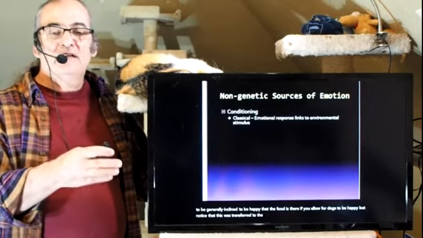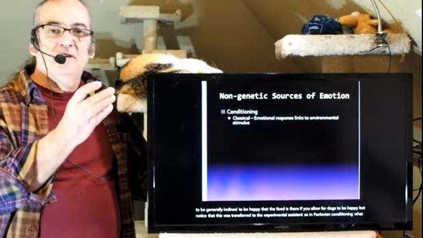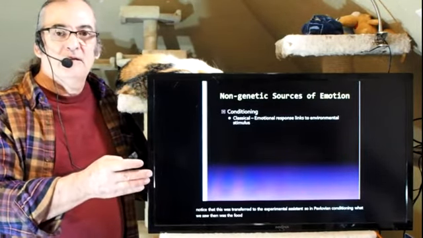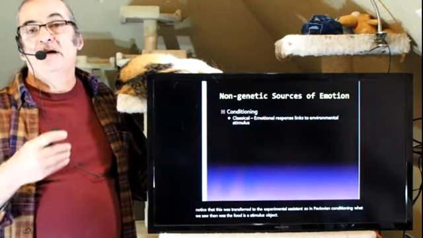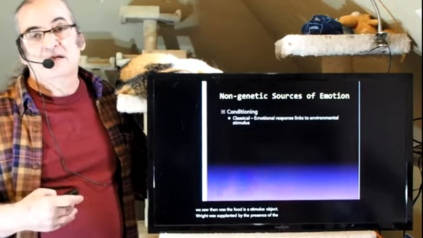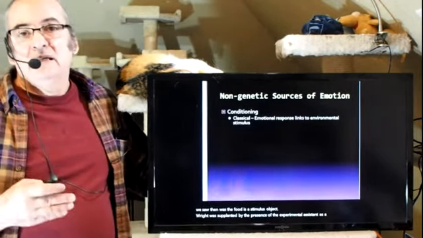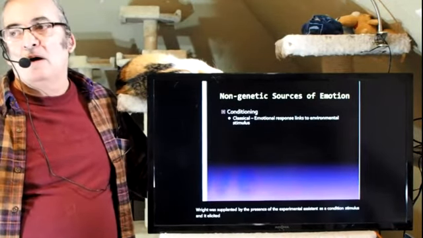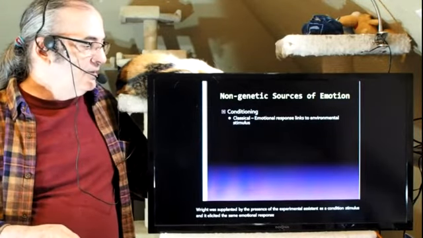So in Pavlovian conditioning, what we saw then was the food as a stimulus object was supplanted by the presence of the experimental assistant as a conditioned stimulus. And it elicited the same emotional response as the food did initially.